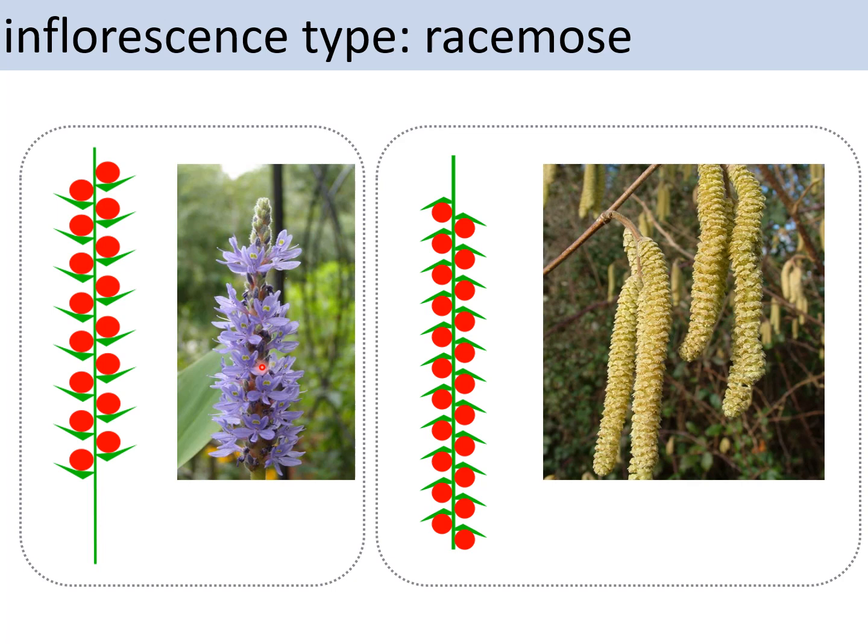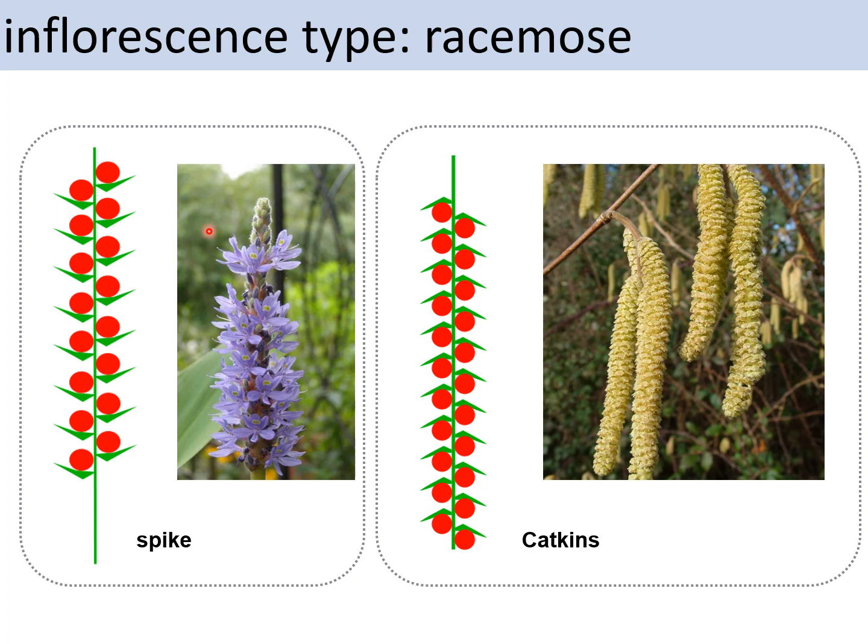In case of some flowers that don't have any stalk or pedicels, and they are arranged in an acropetal manner like in raceme but without pedicels, we call this type a spike. The spike sometimes looks like a catkin.